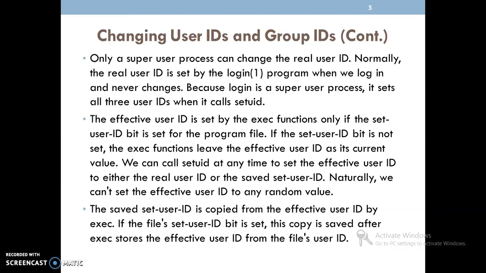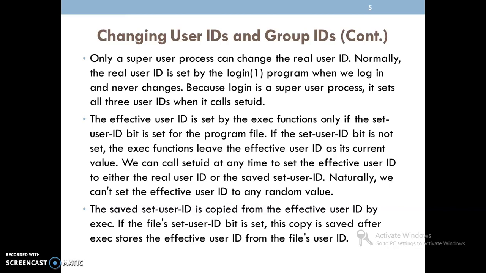Okay. We can call setUID at any time to set the effective user ID to either the real user ID or the saved set user ID. Naturally, we cannot set the effective user ID to any random value, meaning whatever value you want, we cannot set it. The saved set user ID is copied from the effective user ID by the exec.